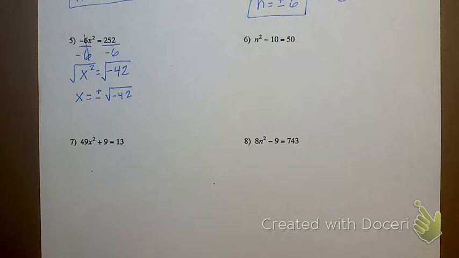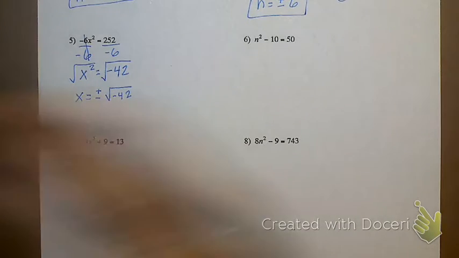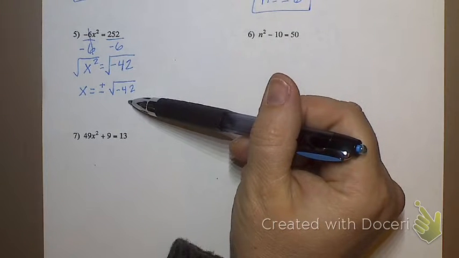You use imaginary numbers. Now, just to say this, because you never know what you're going to encounter on a test, sometimes they might say no solution because they don't want you to go to imaginary numbers.